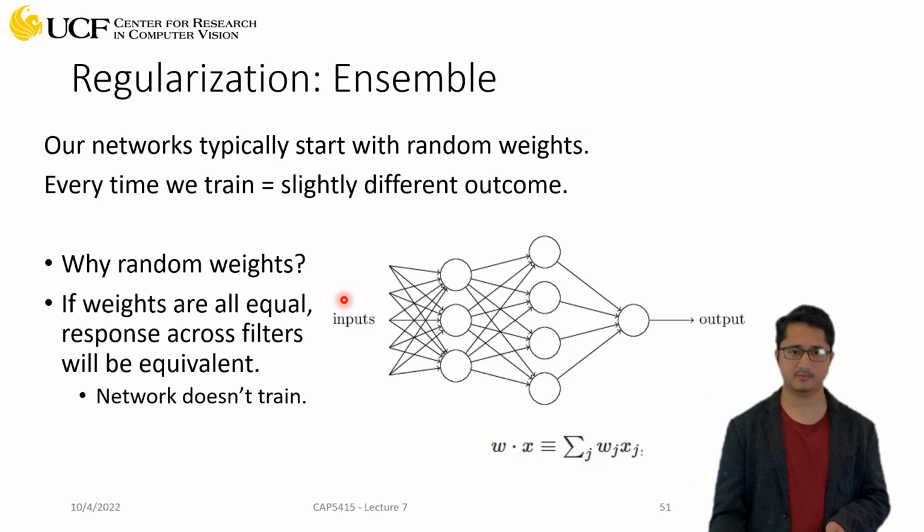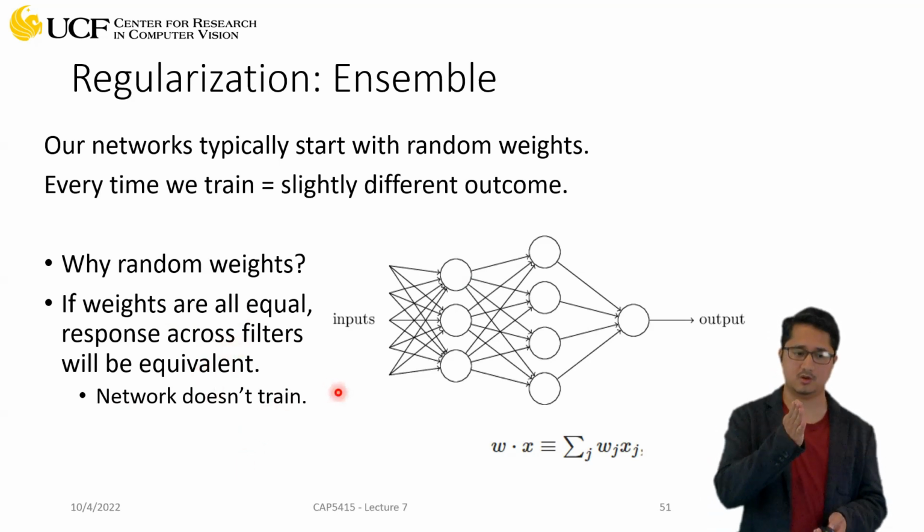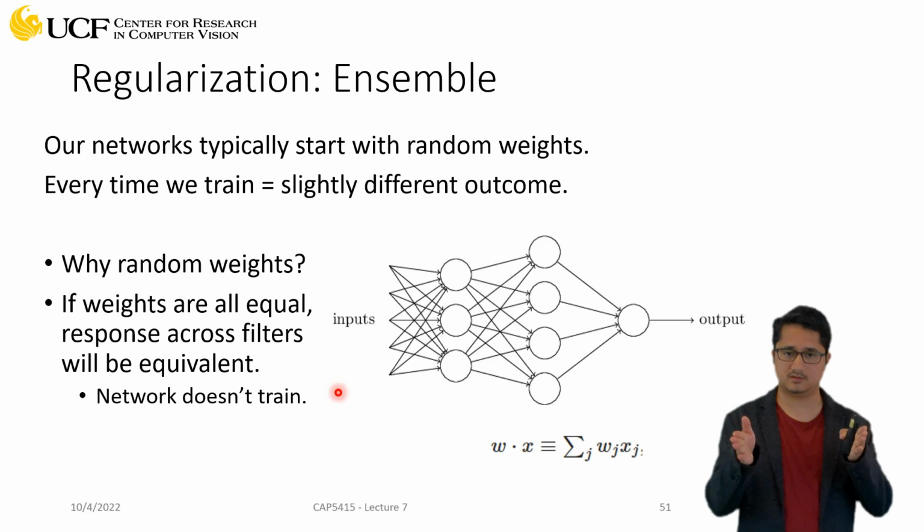Now, another interesting thing: we initialize the weights randomly, and we want the values of the weights to be different. The reason is, if all the weights are equal, your network will not train. If all the values in your filters are the same and you have 100 different filters, all the filters will give you the same output.